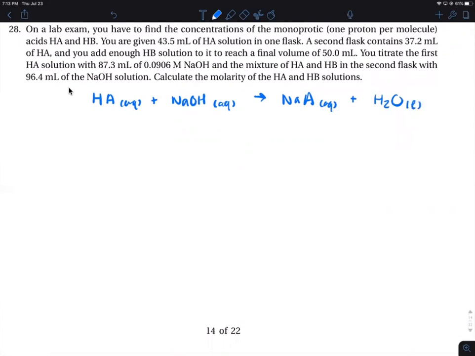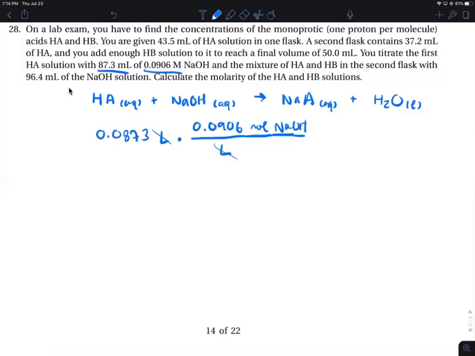So to find the concentration of HA, we were given 87.3 milliliters of this molar solution. So it's going to be 0.0873 liters times the molarity. So that's going to give us something moles NaOH, oh my bad, this should be NaOH.